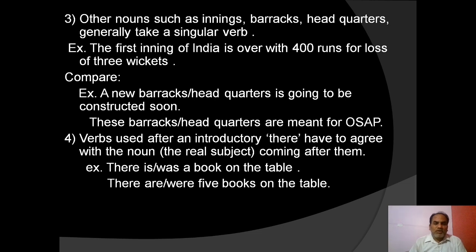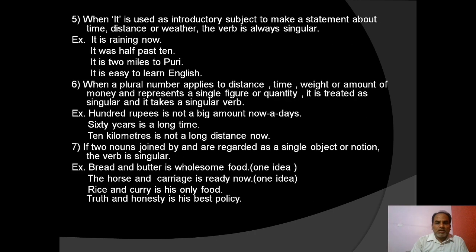So in there is a book on the table, the verb is or was makes the agreement with the real subject. What is the real subject? A book. So in the second sentence, there are 5 books on the table, 5 books is the real subject. So the verb agrees with the real subject.